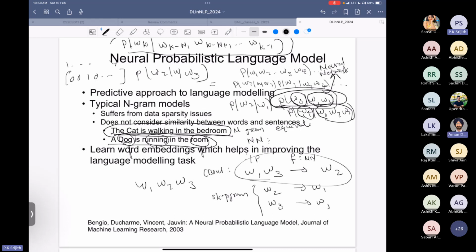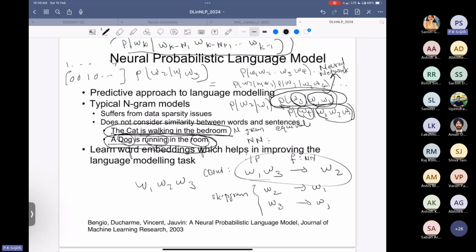So if there is a sentence like "the cat is walking in the bedroom," but there is no sentence like "a dog is running in the room," using these vector representations for these words, it will be able to give a high probability to a sentence like "a dog is running in the room," even if this sentence itself hasn't appeared as it is in the corpus.